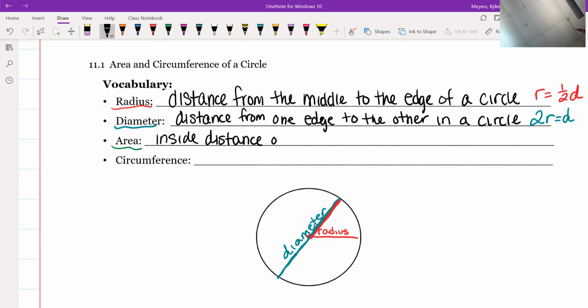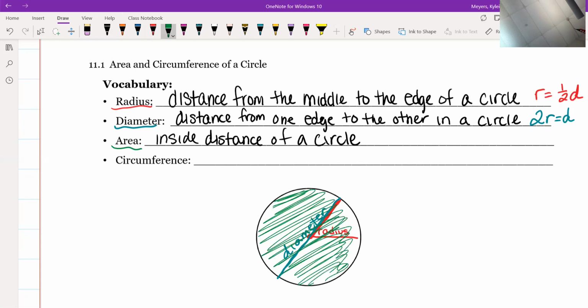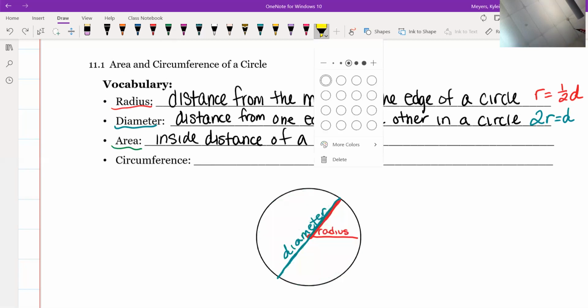So what that means is, how big is the inside of the circle? I'll actually just highlight that. You guys will probably want to highlight that too. It's just the inside of the circle.